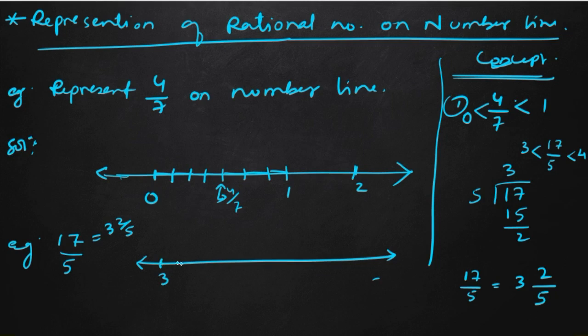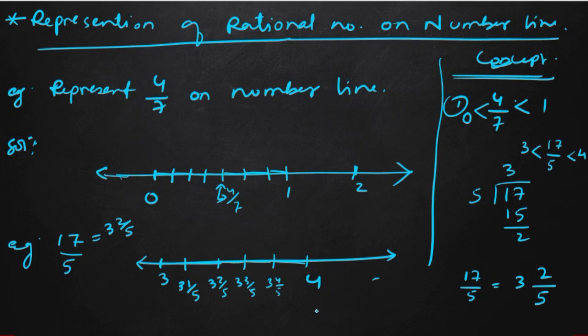So let this be 1, 2, 3, 4 and 5. So this is our 4. So this will be our 3 1 by 5, 3 2 by 5, 3 3 by 5, 3 4 by 5, and the last one will be 3 5 by 5, that is 4.